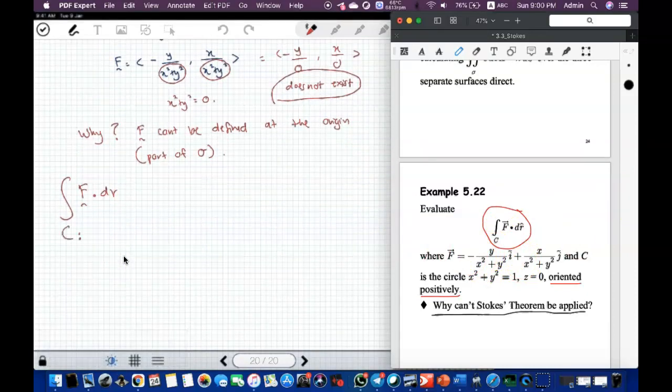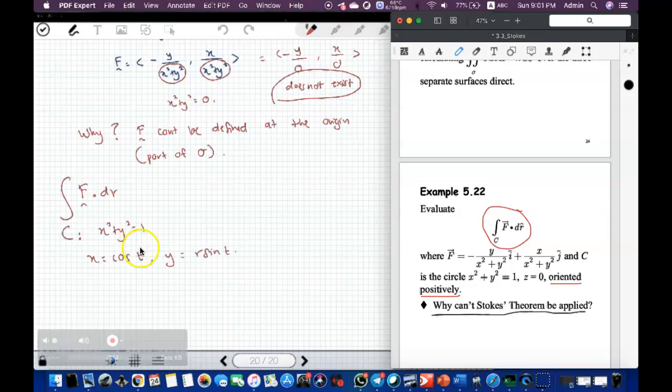Since it is a circle with radius 1, x is r cos t and y is r sin t. That is the simplest form of the parametric equation for a circle with radius 1.